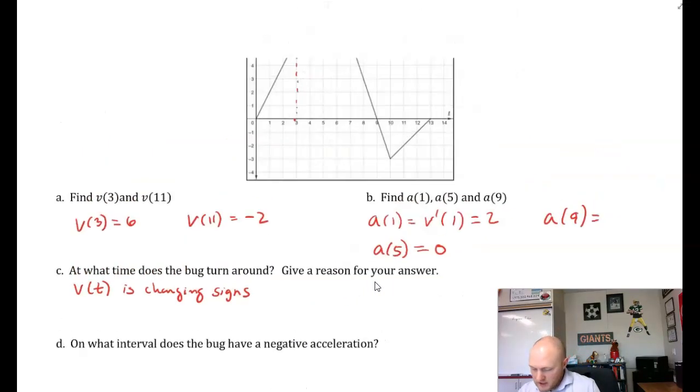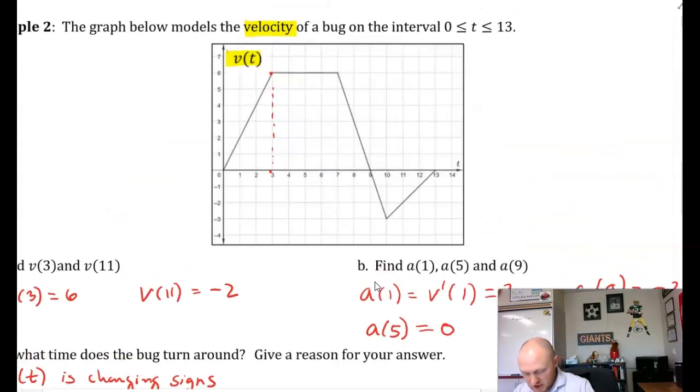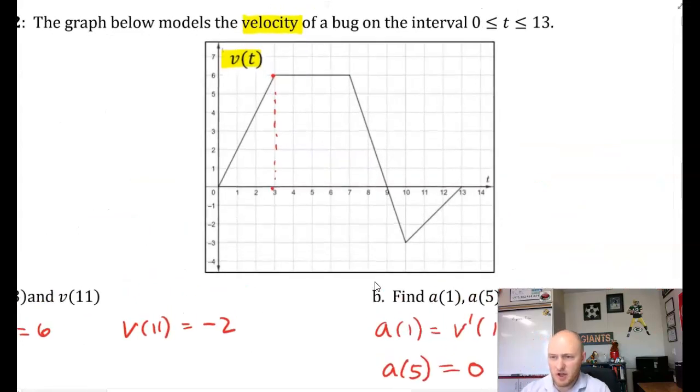So when does the bug change the sign? Well, remember, we're looking at the velocity graph, and my graph changes from the positive values, which is up here, down to the negative values down here at this value at 9. So at t equals 9.